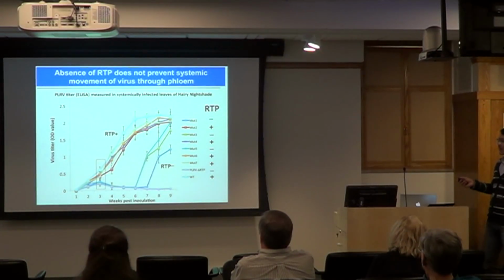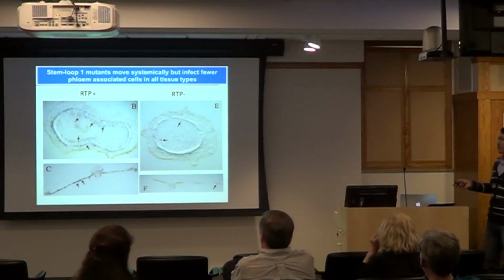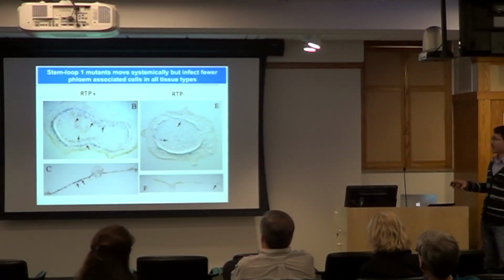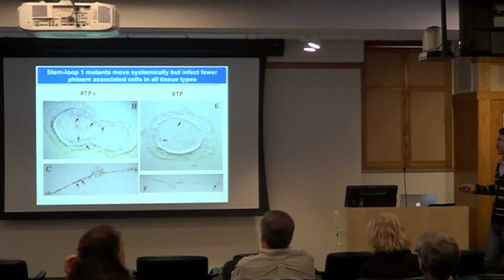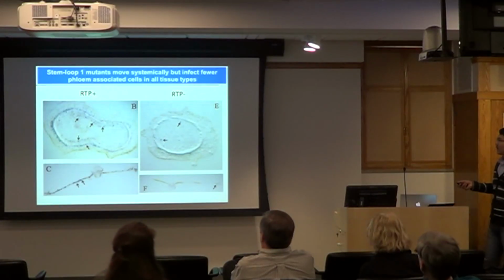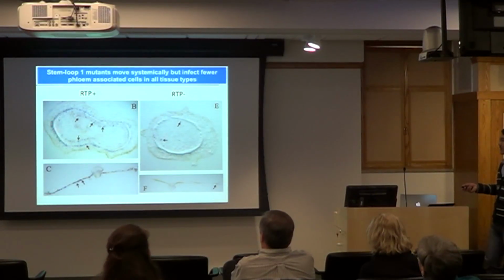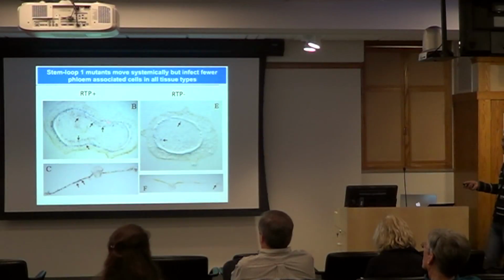So next we wanted to ask whether RTP has an effect on the cell-to-cell movement of this virus. So tissue print was performed to detect the cell-to-cell movement in the phloem tissue. Here, with RTP expression, we can see a lot of infection foci in the phloem tissue, both in the stem and in the cross section of the leaf.